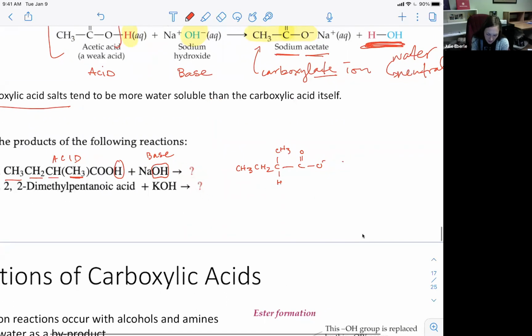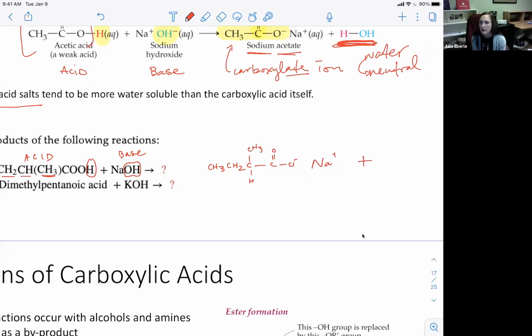And then it pairs up with sodium from the base. I'm not asking you to name this, I'm asking you to just draw the products. And then the other product would be what? So we've got our, yeah, thank you, Madison, water.